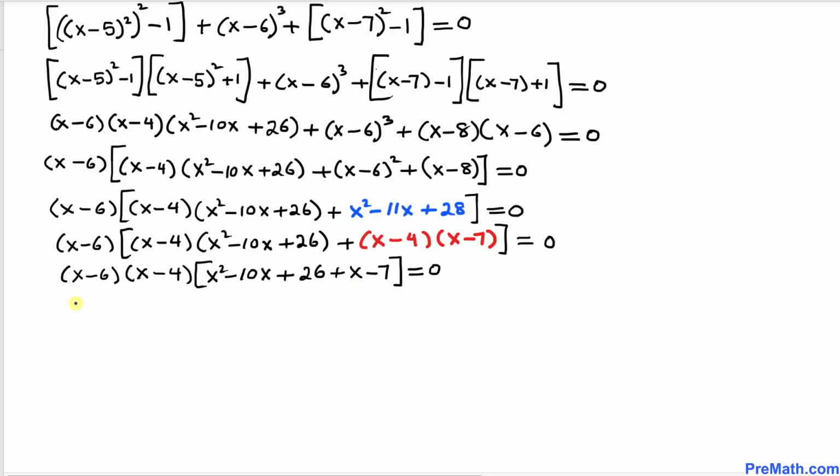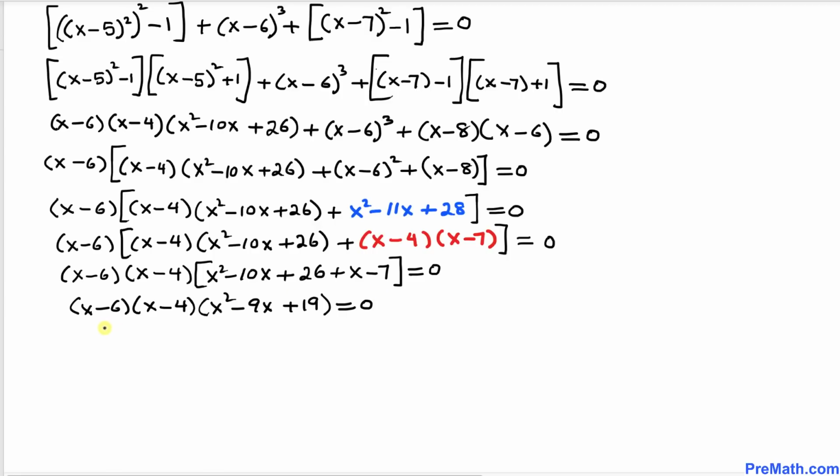So let's go ahead and further simplify this one. We already got x minus 6 times x minus 4, and inside this bracket, if we combine the like terms, we're going to get x squared minus 9x plus 19 equal to 0.